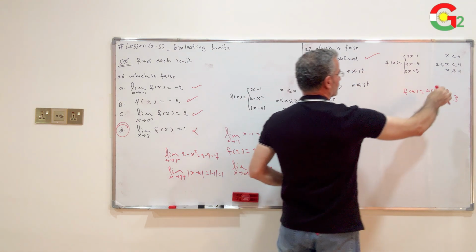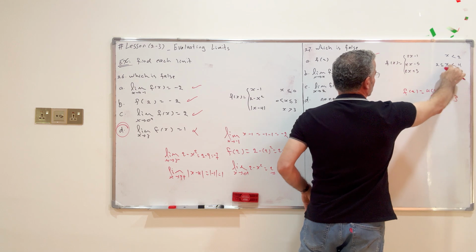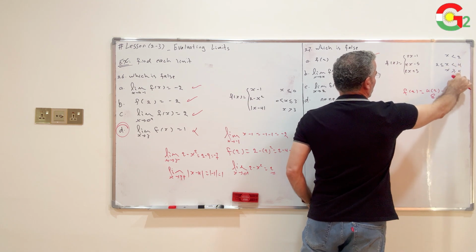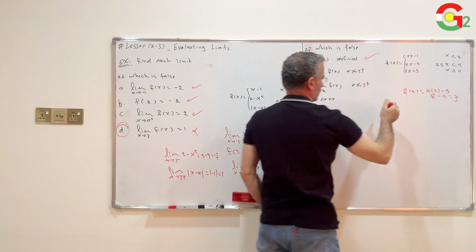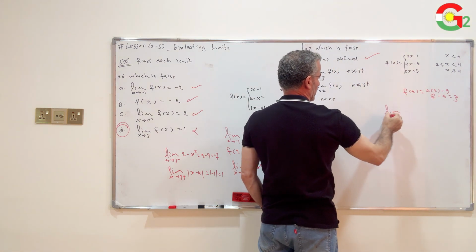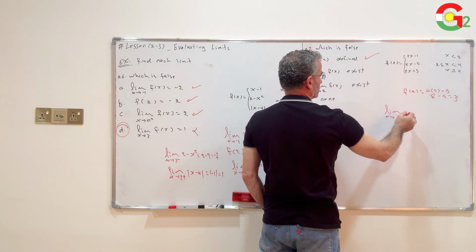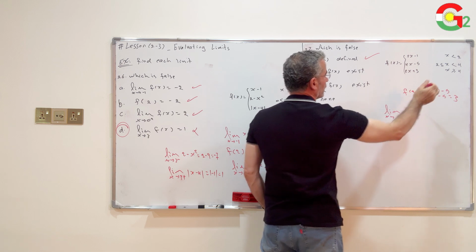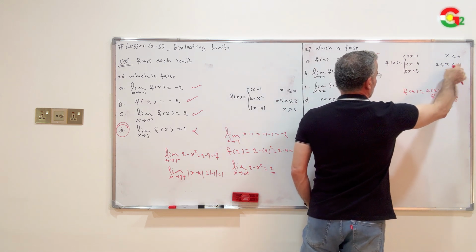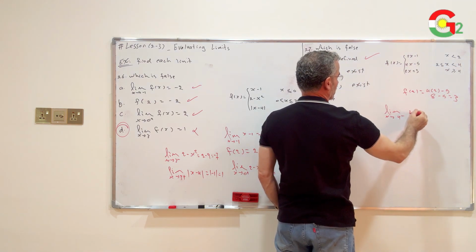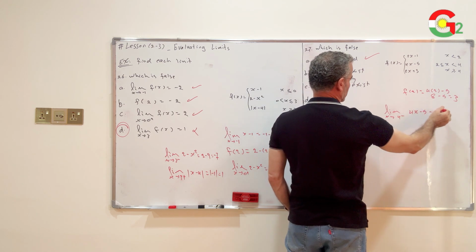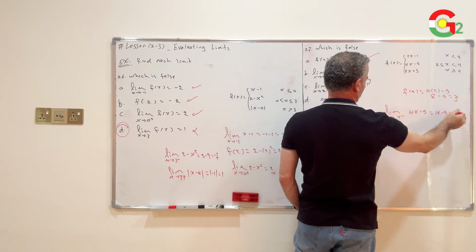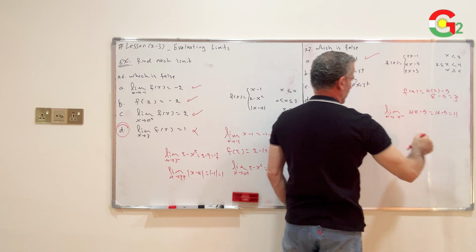When x approaches 4, then I must find it. Since 4 appears here and here, then I must find it from left and from right. Limit x approaches 4 from left, it means when x less than 4, then substitute in this segment 4x minus 5 equals 4 times 4, 16 minus 5 equals 11.